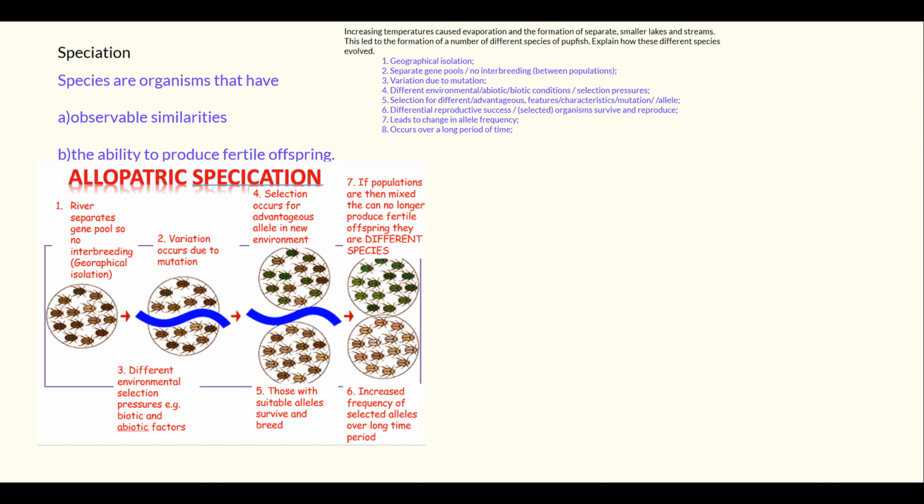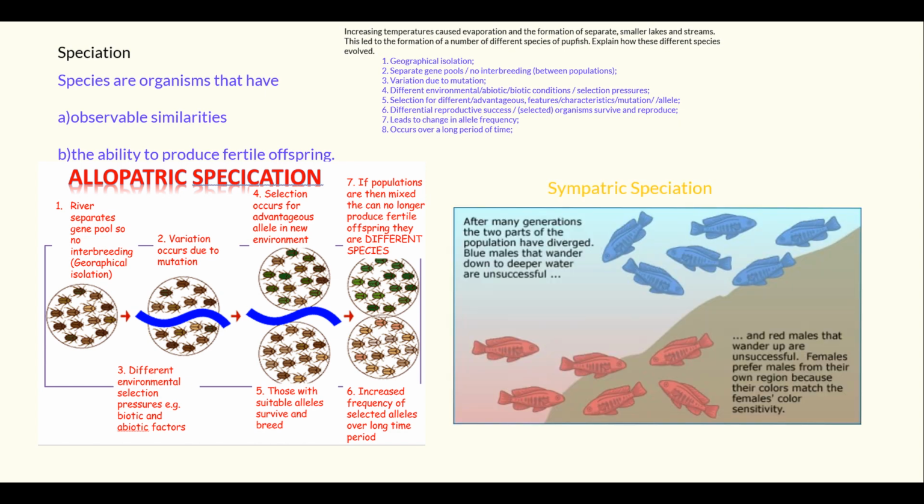And eventually, if you bring two individuals of the same species together, they will be unable to produce fertile offspring. That last mark point that's on the diagram sometimes occurs in the mark scheme. So it's always a really good idea to add that into the end if you want to make sure you're hitting all the points. So the final example of speciation is sympatric speciation.